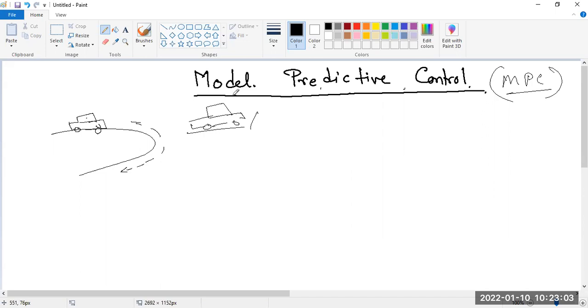But in this electronic car, this model predictive control action is applied so that very little jerking, very little tilting, and loss of balance does not occur. So this is done by model predictive control.